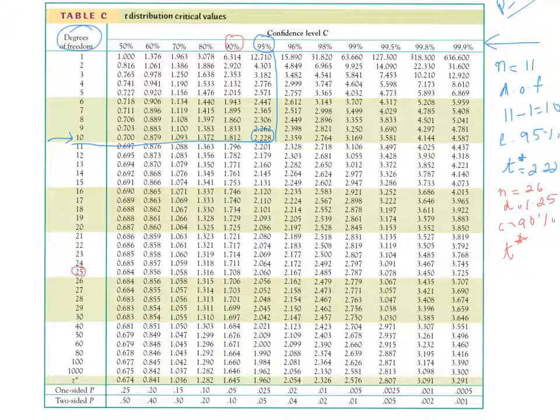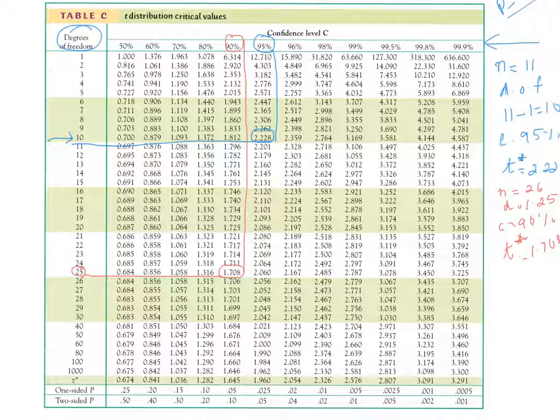So we go down the column until we hit the 25th row, and then we go across and stop at this point, and that would be the T star for a 90% confidence level.